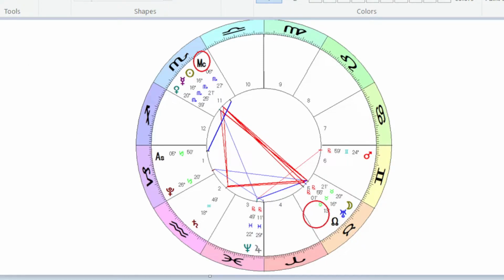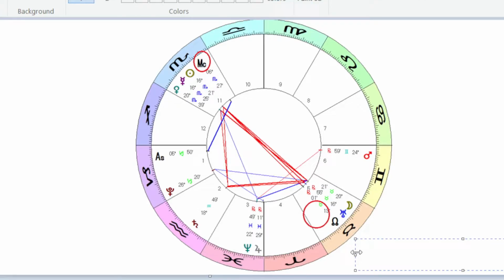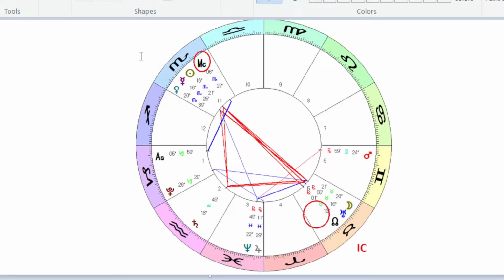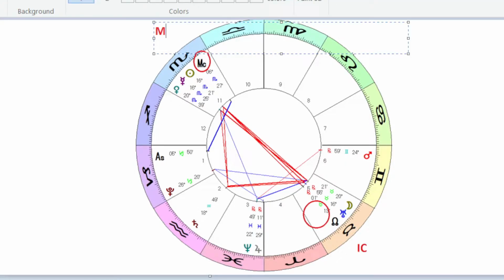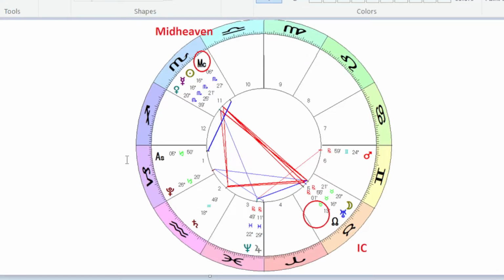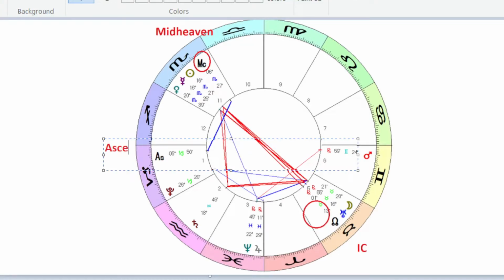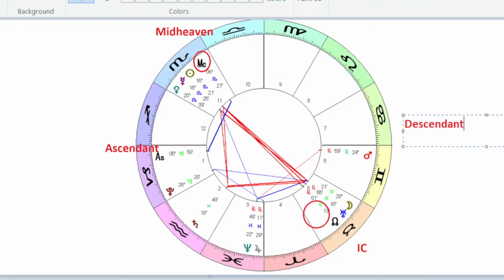The IC stands for Imum Coeli, which means the bottom of the sky in Latin, but we generally just call it the IC. So there's the IC, here's the Midheaven, here is the Ascendant, and here is the Descendant.